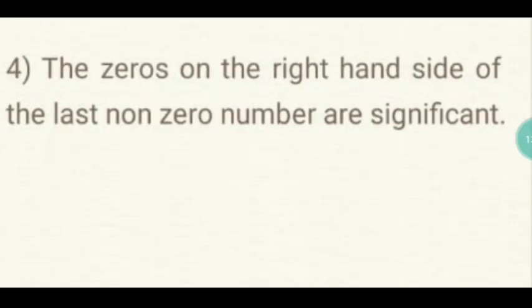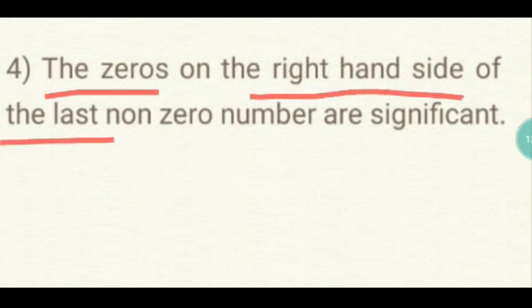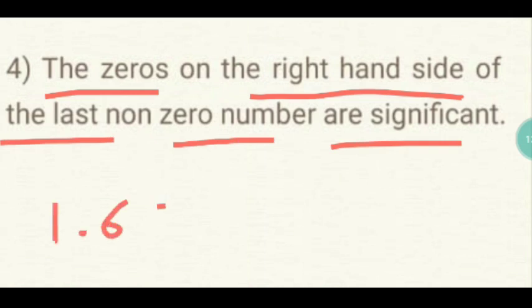The fourth rule is the zeros on the right hand side of the last non-zero number are significant. As we discussed here, 1.650. So 0 is on the right hand side of the last non-zero number, that is 5. So this is significant.